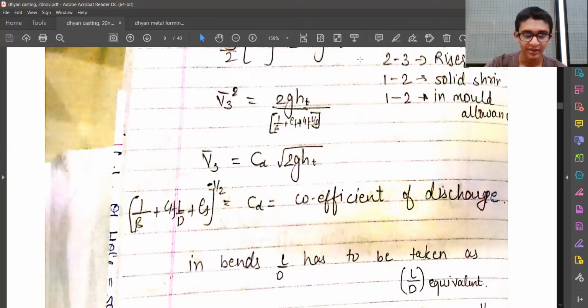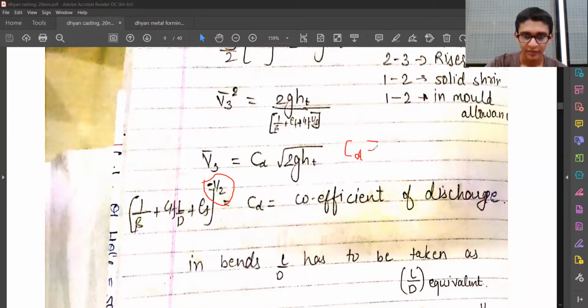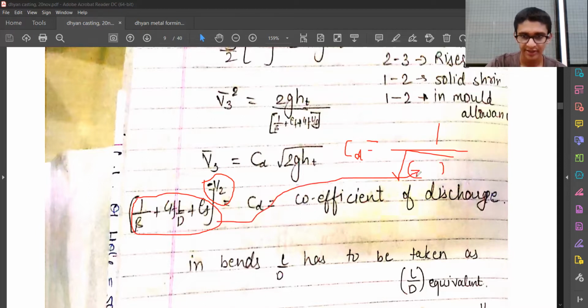Please respect the minus sign over here. CD will be 1 over square root of the thing which is over here. This comes inside the square root.